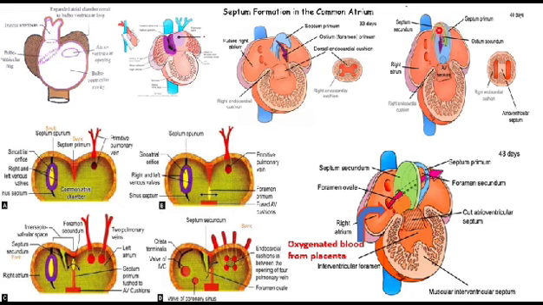there is another opening or cavity that is formed within the septum primum by apoptosis, which is called foramen secundum. So this foramen secundum appears in the 7th week.